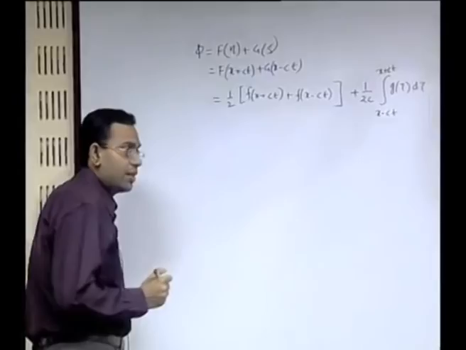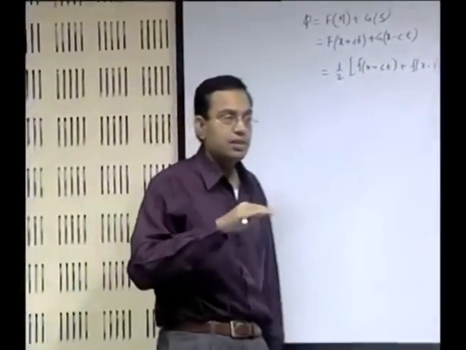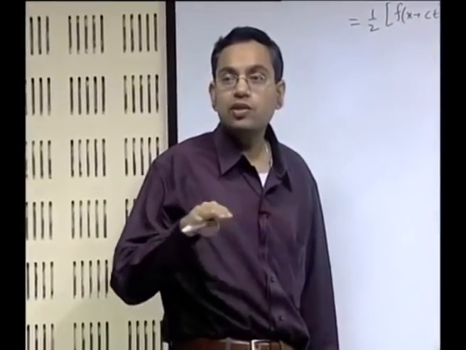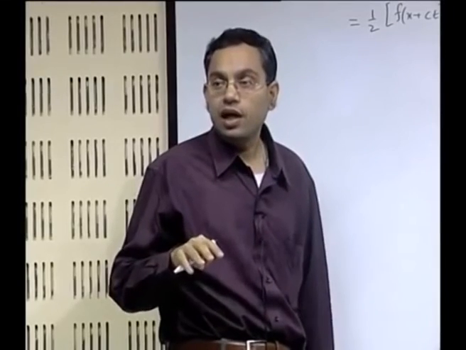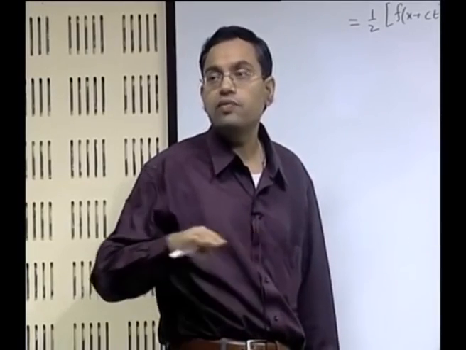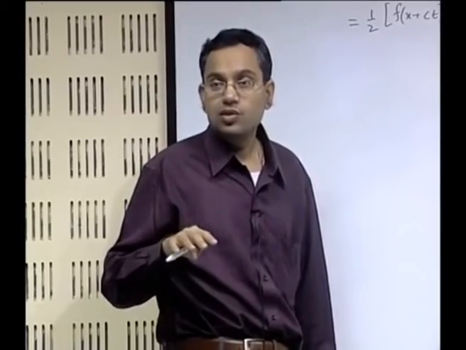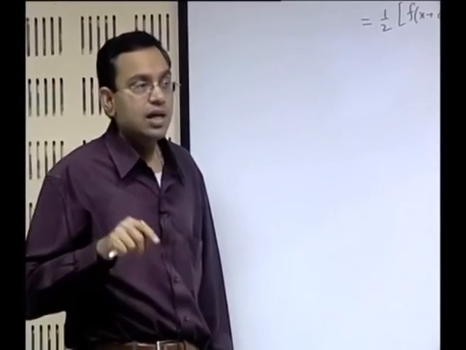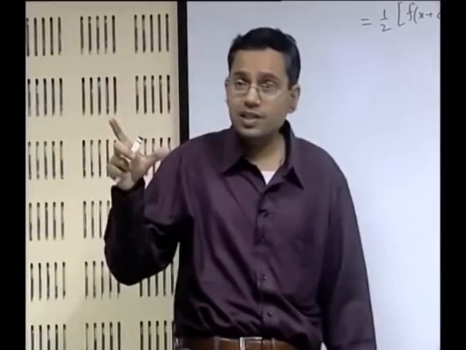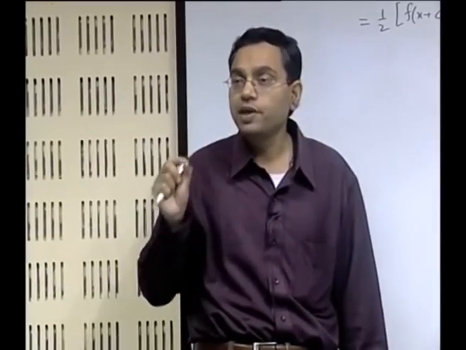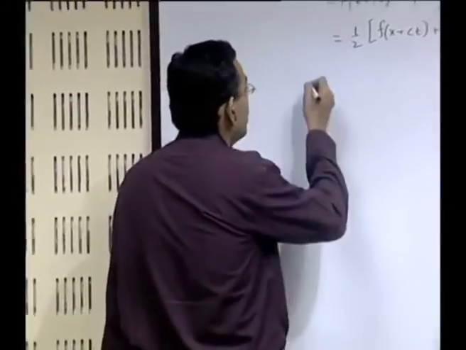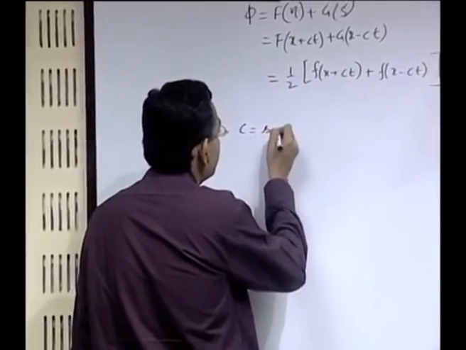Let us say that there is a disturbance source which is moving through a fluid medium with some speed. So, there is a speed at which the disturbance propagates, which is the sonic speed. Let us say c is equal to the sonic speed.